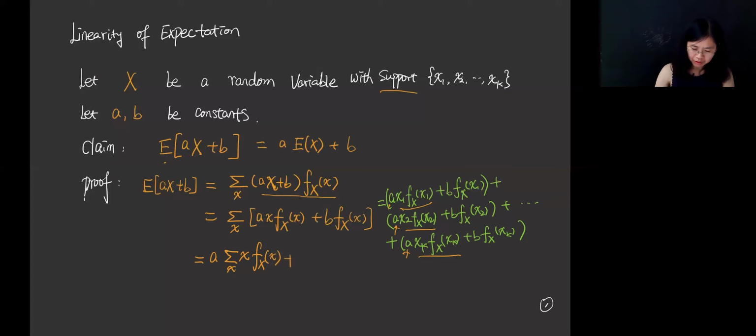And then we also group together the terms with the PMF only, b times the PMF at these k x values. And that gives us b times the summation over little x of the PMF of little x.